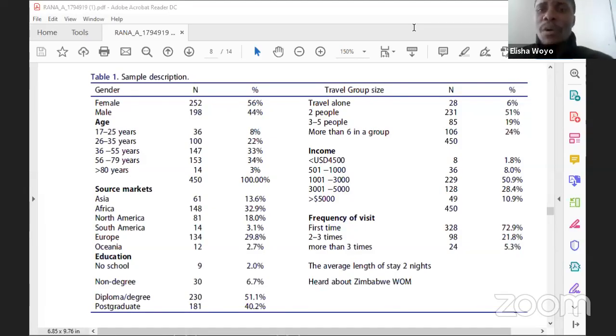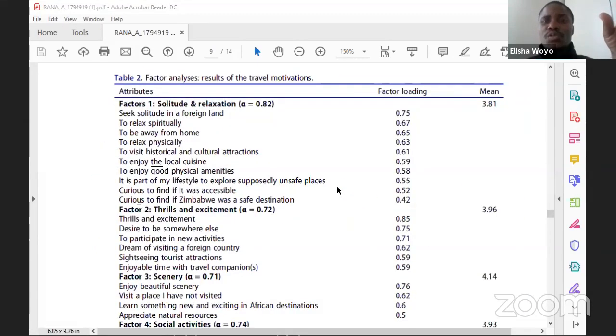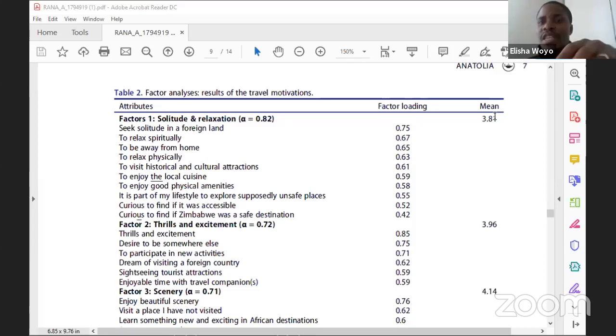So to go back to that paper that I said is still work in progress, all this information that I'm sharing on the screen at the moment are part of the descriptive results that you need to offer when you are doing your quantitative analysis. You need to give us some descriptive results in the sense of frequencies and percentages. You can also give the mean.